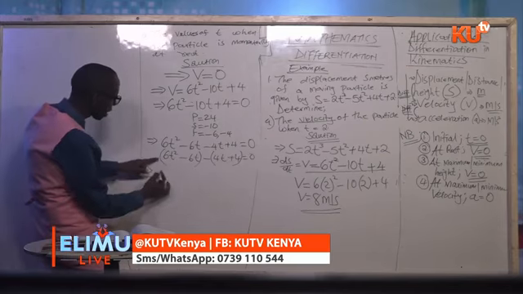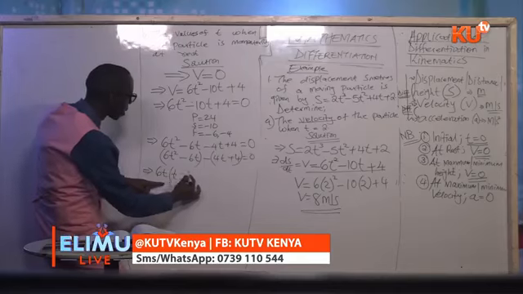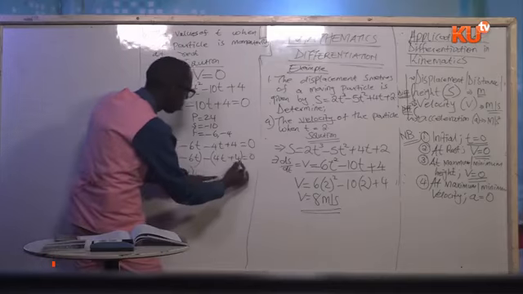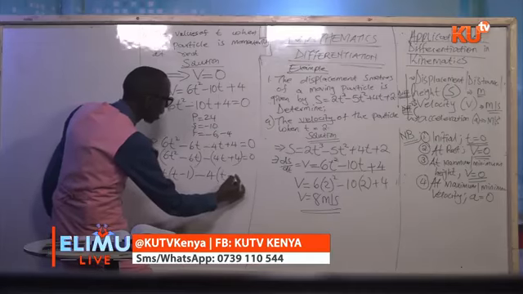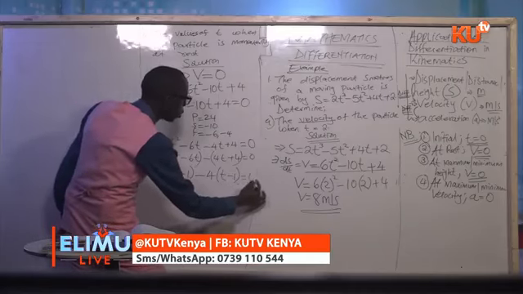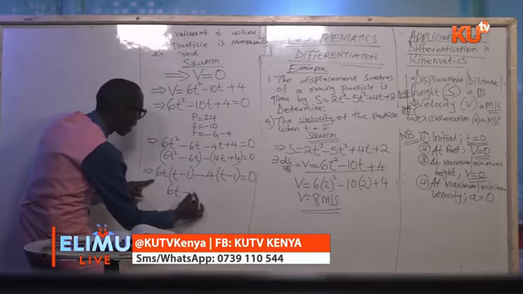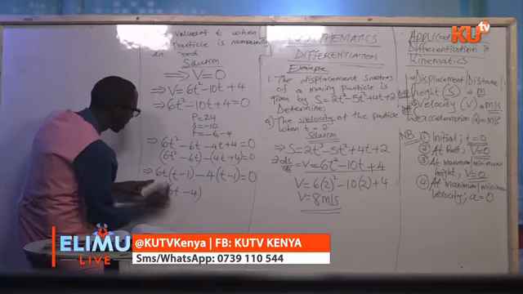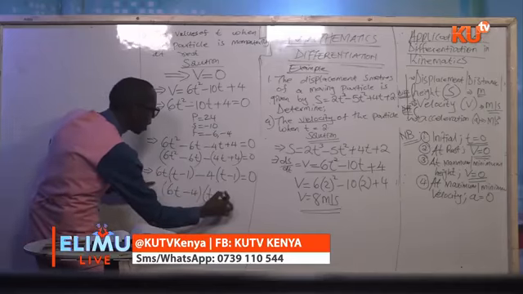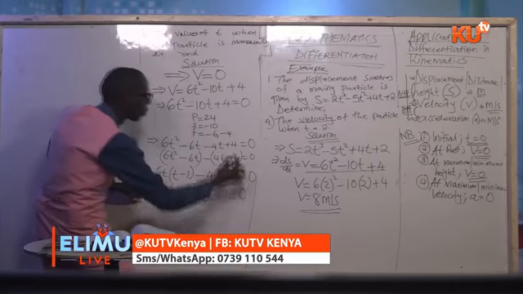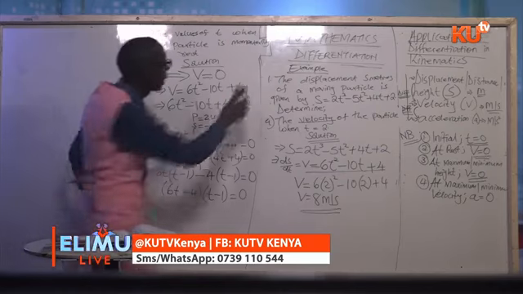The common factor here is 6t, into bracket t minus 1, minus the common factor here, which is 4, into bracket t minus 1, is equal to 0. So we have 6t minus 4, the ones outside, times t minus 1 is equal to 0. So you pick one by one.